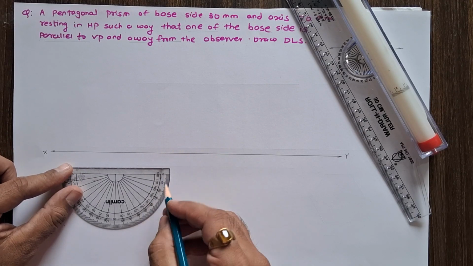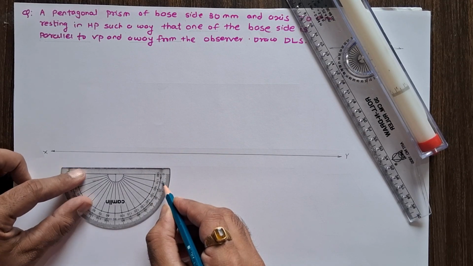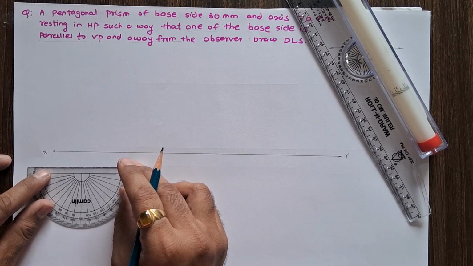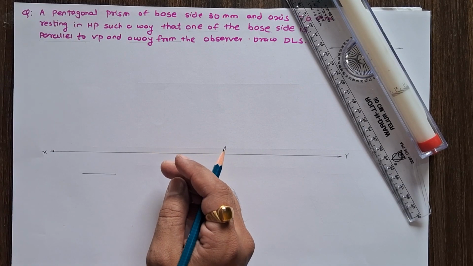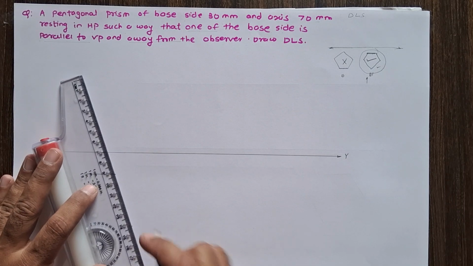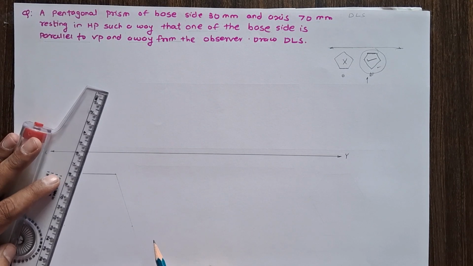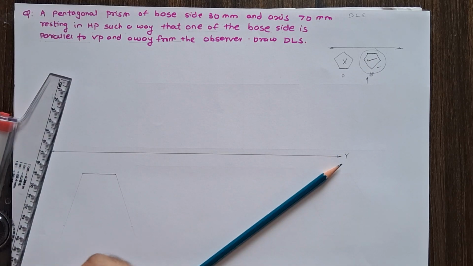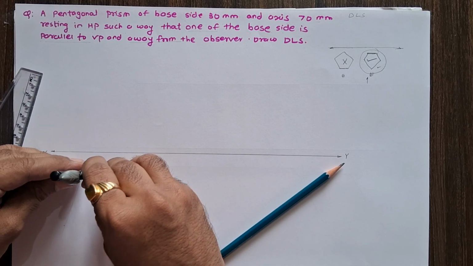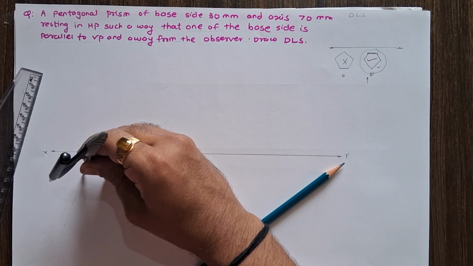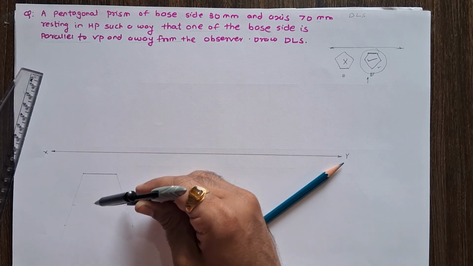Now by using a thin line, draw this angle. Take a compass. In the compass, measure a 30 mm distance and mark an arc on this 72 degree angle line.